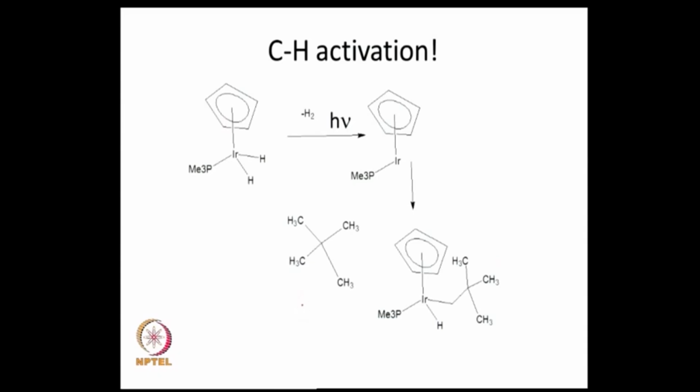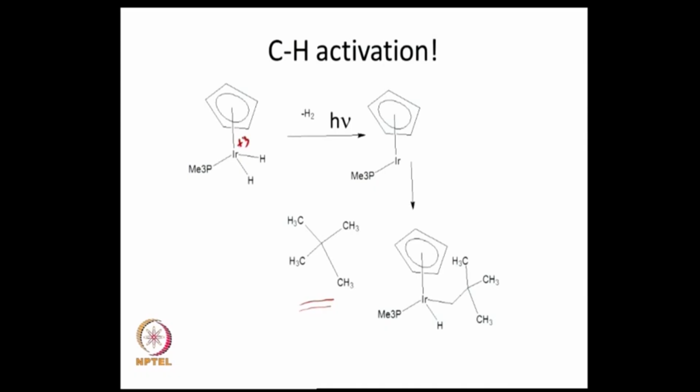The challenge in carrying out alkyl group hydrogen atom activation is quite remarkable. Here we have taken an iridium complex, which again has a cyclopentadienyl moiety, and this cyclopentadienyl moiety now stabilizes the iridium. This is iridium 3 in this particular instance.